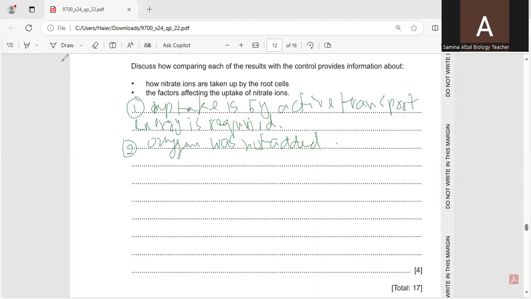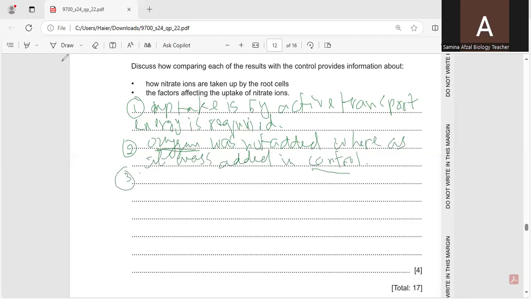That is, it shows the highest uptake of 10.9 in the control experiment. So oxygen also plays a role in the uptake of nitrate ions.